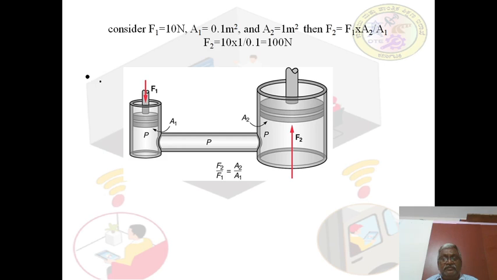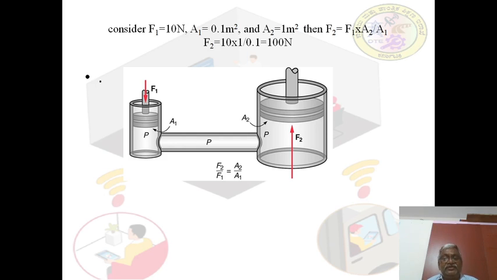Now apply a force F1, let it be 10 Newton. That force is applied on the smaller piston of cross-sectional area A1. We know that the pressure created, let it be P, equals F1 by A1.